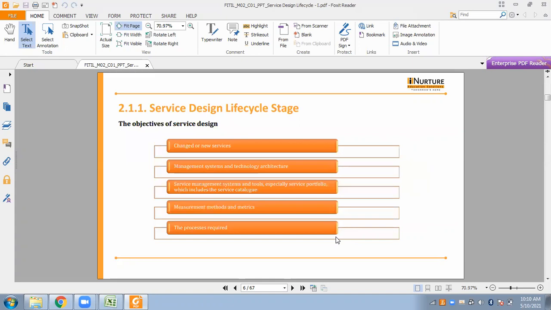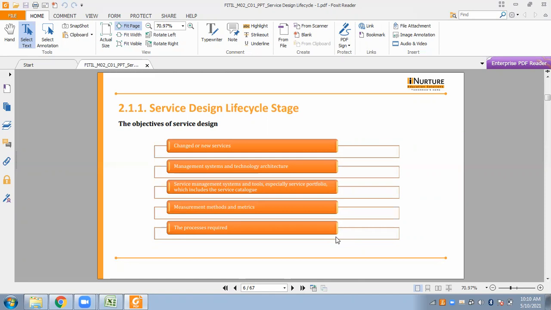Next, objectives of service design. The design of innovative and appropriate IT services, including the architectures, policy, and documentation, to meet their current as well as future agreed business requirements.